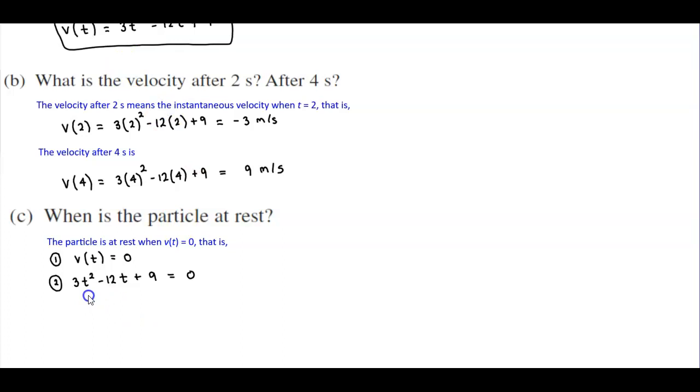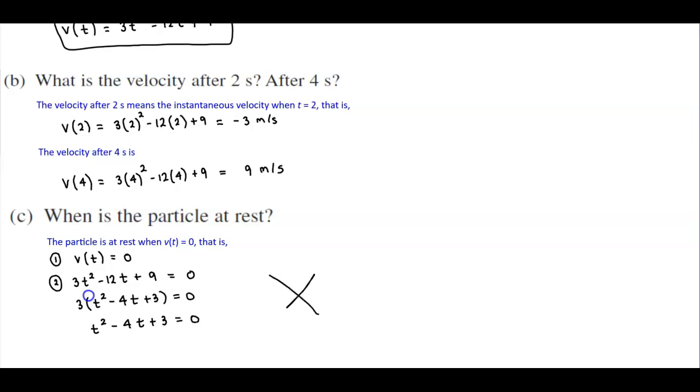We can factor out a 3, and what's left is t squared minus 4t plus 3, which is equal to 0. If we divide both sides by 3, we have t squared minus 4t plus 3 equal to 0.